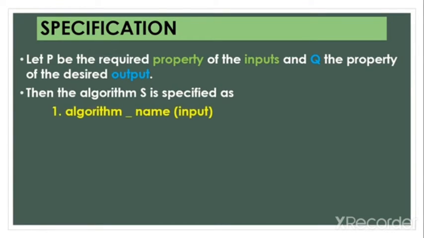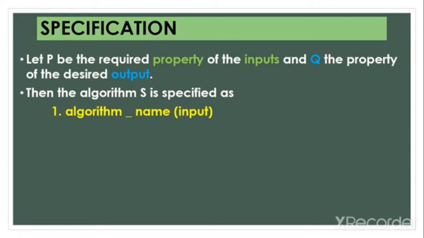How to write the specification for an algorithm? It's a 2-mark question also. They will give an algorithm and ask you to write a specification of the algorithm. It's very simple. What input we need, what is the property of that input, then what is the desired output, and what is the property of the desired output, what is the relation between them. Mentioning this is the specification.